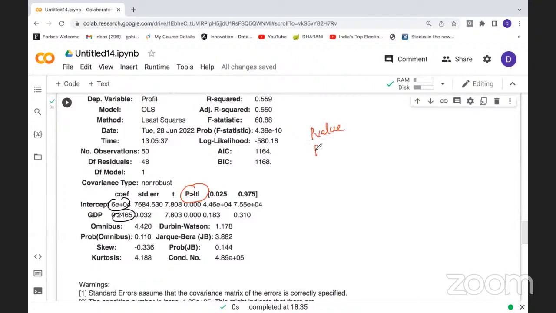If the p value is less than 0.05, you can accept your beta naught and beta 1 values. If it is greater than 0.05, you cannot move forward with the beta naught and beta 1 values the algorithm gave you.